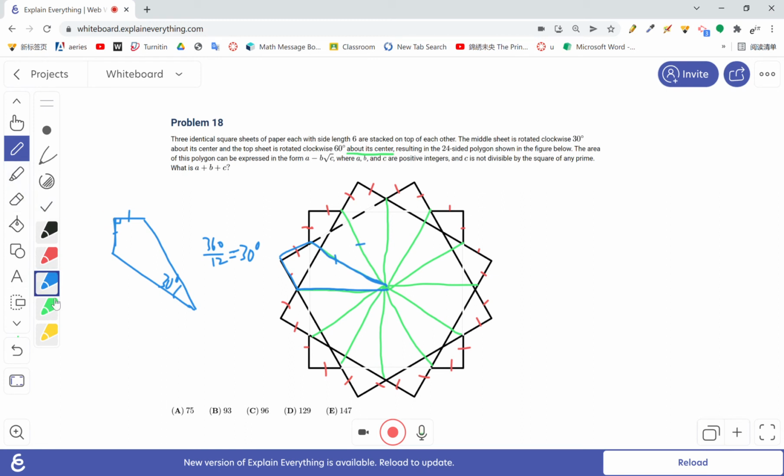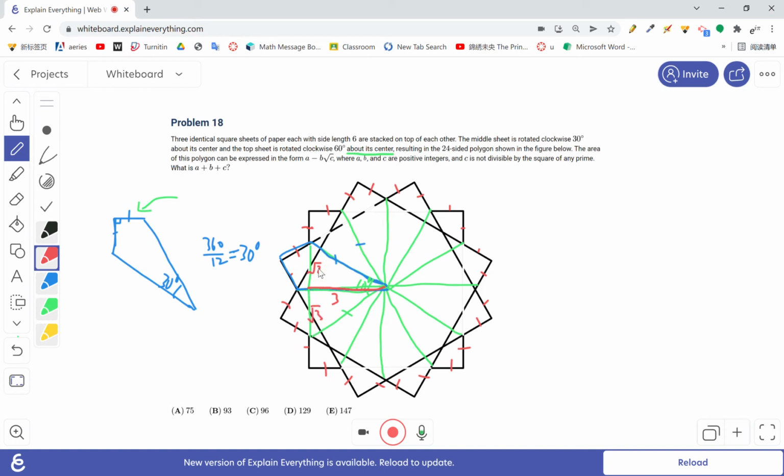Then this length, we can find by finding this length. We can see that this is formed by two of the angles, which is 60 degrees, and this is congruent to this. So we can see that this is an equilateral triangle. This length is equal to 3, because it's basically 1/2 of the side length of the square. So this is root 3, by looking at the special right triangle, and this is indeed the same.